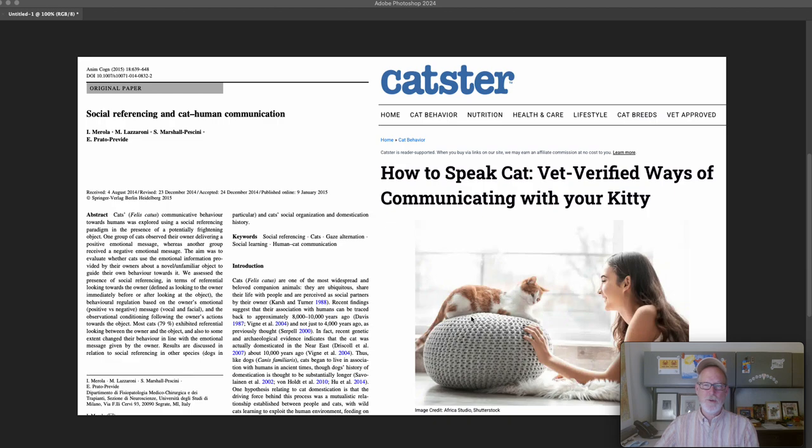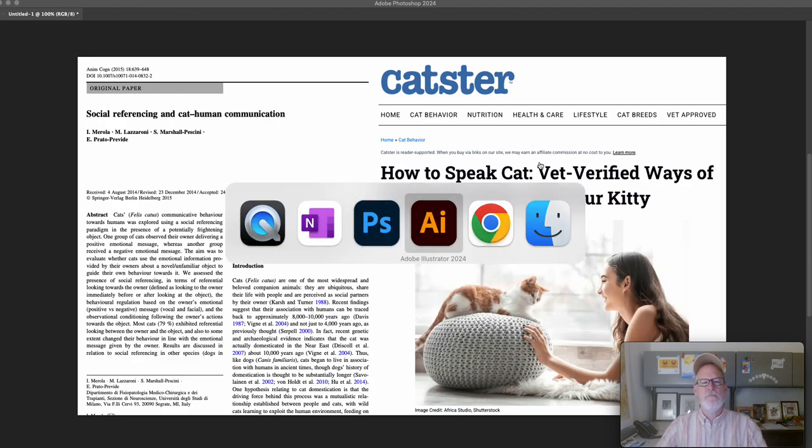So we don't have to understand the jargon because this has been boiled down for us. Some of the values that we are looking for are catered to us. So for example, it says Catster is reader supported. So we know that it's other cat enthusiasts that are looking at the same material and they endorse this, maybe through advertising or maybe through memberships, et cetera.